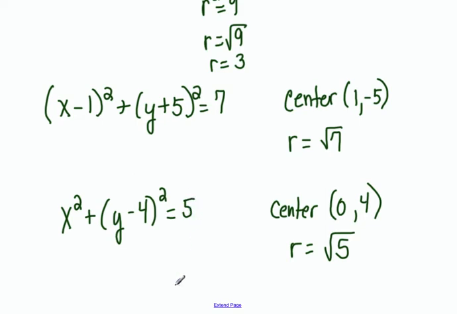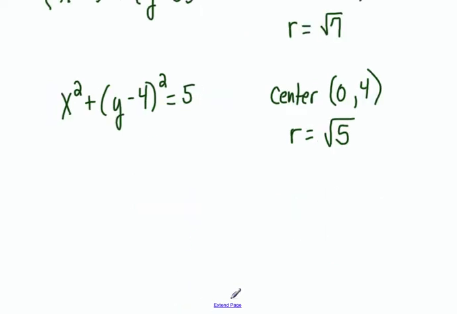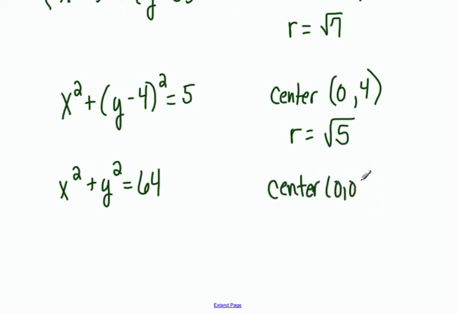You take whatever's here and take the square root of it. Monica, what's the center here? Center here is (0, 0). What's the radius? Square root of 64, which is? No. 8. Who has questions? It's pretty straightforward, huh? Okay.